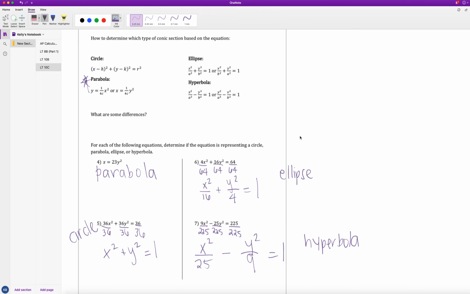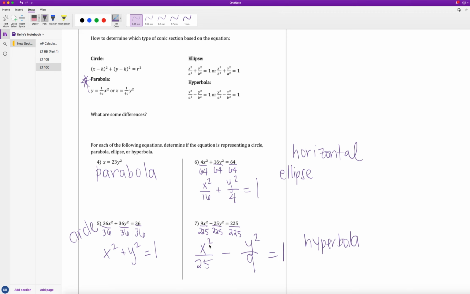If I'm looking at an ellipse, I'm paying attention to which is the larger denominator. Because 16 is larger than 4 and 16 is with the x, this is going to be a horizontal ellipse. On the flip side, when I'm looking at a hyperbola, I'm looking at which term is positive.